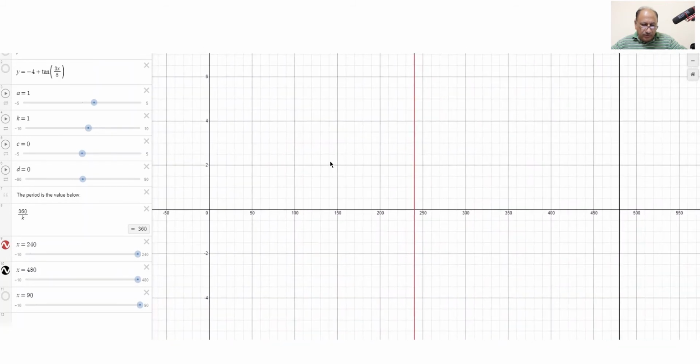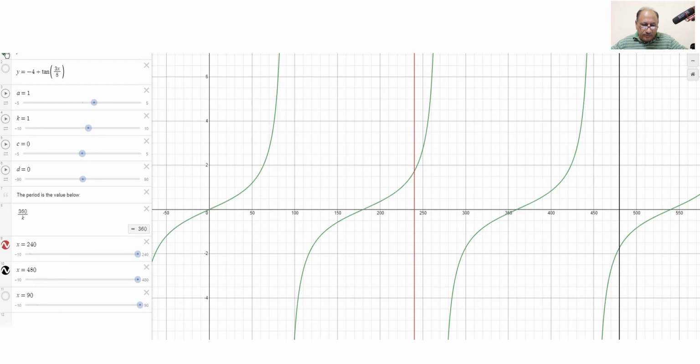Okay, so this is the coordinate axis which I have taken, with the x-axis in degrees. If we draw the normal tangent graph, tan theta, this will be the graph of tan theta, and you can see this is passing through the origin, and the asymptote is over here at 90. I've also shown this 240 line, and this 480 line, because our given x coordinate is indicating 480.